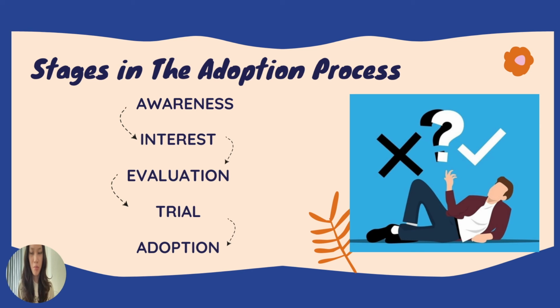In this stage, the consumer will consider whether trying the new product makes sense. And the trial, which is the step where the consumer tries the new product on a small scale to improve his or her estimate of its value. The final one is adoption. In this case, the consumer will decide to make full and regular use of the new product.